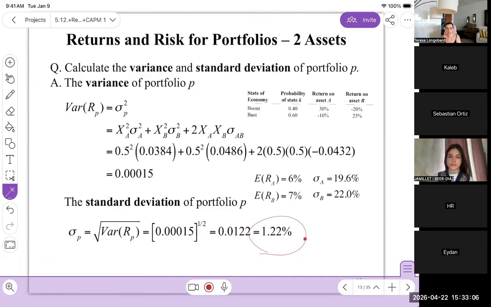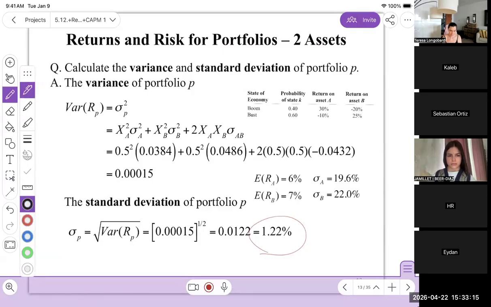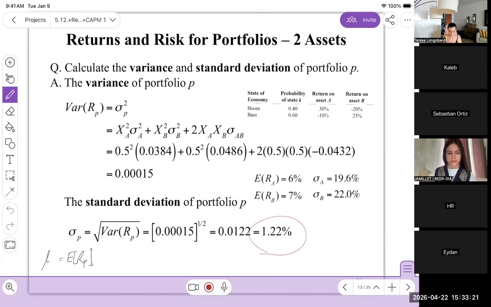Why does this happen? So if we have a portfolio of two assets, we're going to have an average of 6.5 and now a standard deviation such that even within 3 standard deviations of the mean, it is still going to be a positive return.